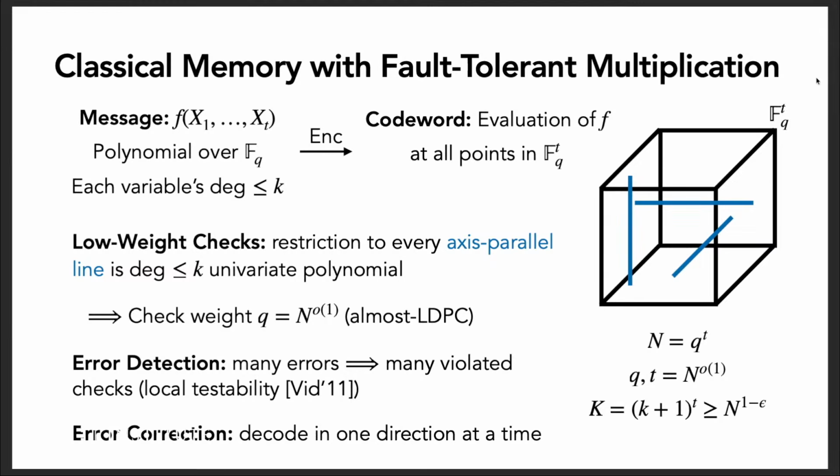It's long been known that this type of decoding will work if the decoding is noiseless. We are also able to show that even if errors happen during this decoding in one direction at a time, we still correct errors at a higher rate than they're introduced. So we still get fault-tolerant error correction. There's a bit more work to be done there, but intuitively you can see how the low weight checks are giving us this fault-tolerant error correction.